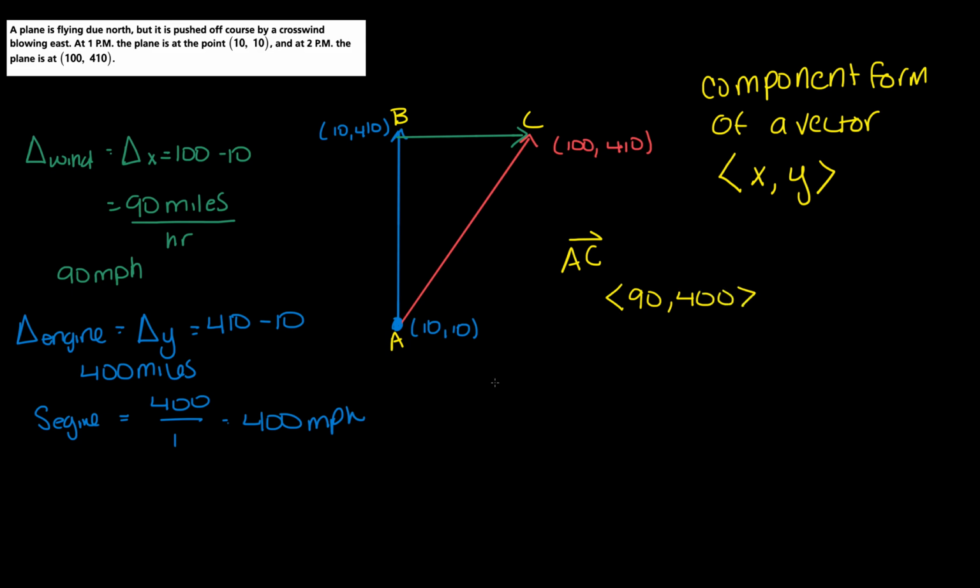And if I want to write this in matrix form, this would be 90 over 400. So the change in the plane's location is 90 and 400.